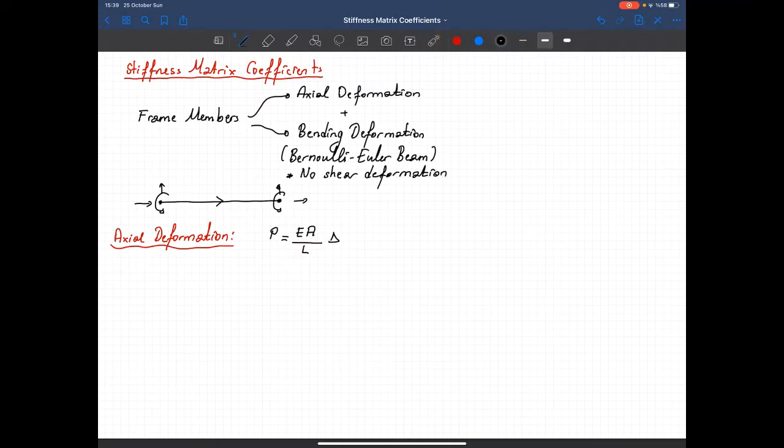If that's the case, we have the following equation, and I can directly use this equation to obtain the relationship between the end axial forces and the elongations. To obtain the relationship between end forces and displacements.